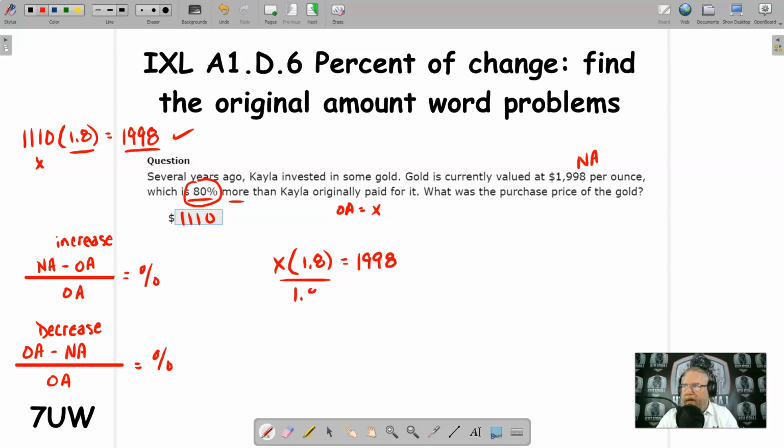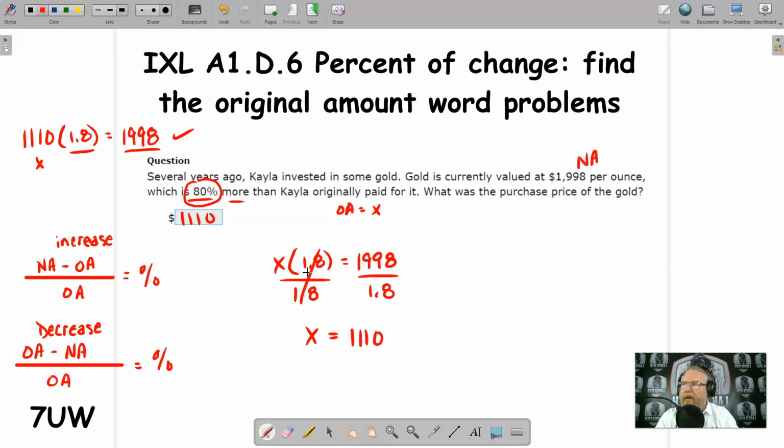We're going to divide by the very number we wish to get rid of, and what we do to one side, we have to do to the other. So, the 1.8s will cancel each other, leaving us with x, and 1,998 divided by 1.8 will give us, indeed, 1,110. A lot easier this way than the other way.